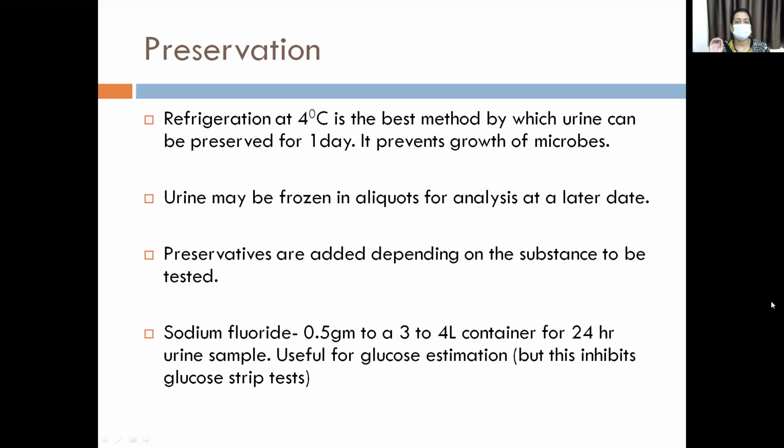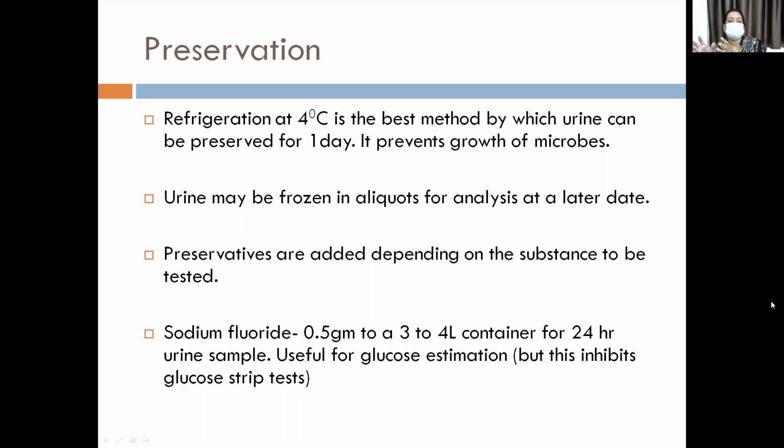What type of preservative you use depends upon what kind of examination you want to do. We use preservatives to store the urine so that the physical and chemical properties of urine are not disturbed.